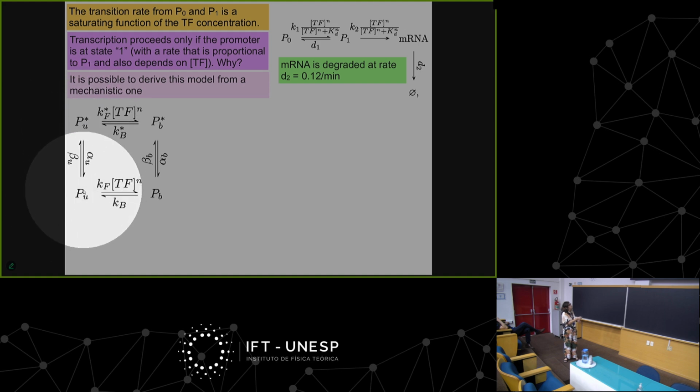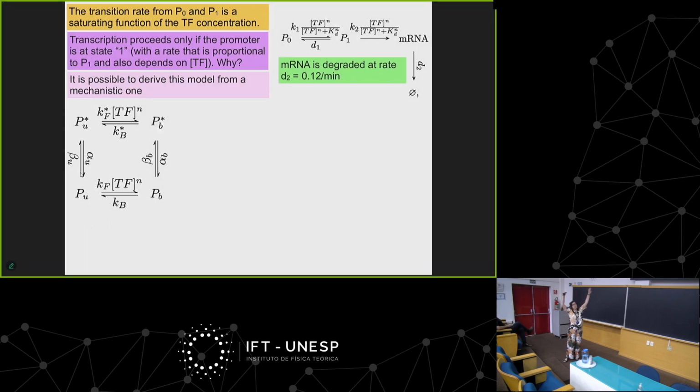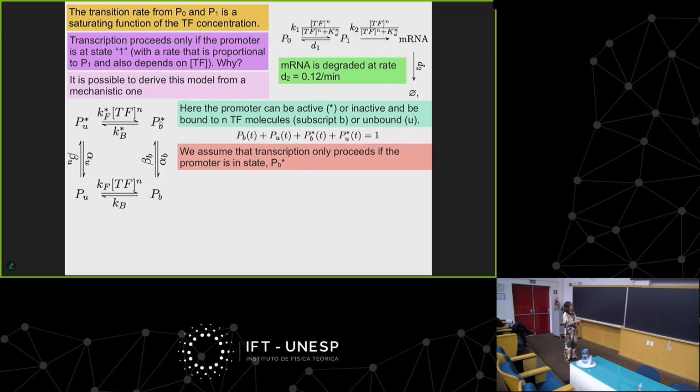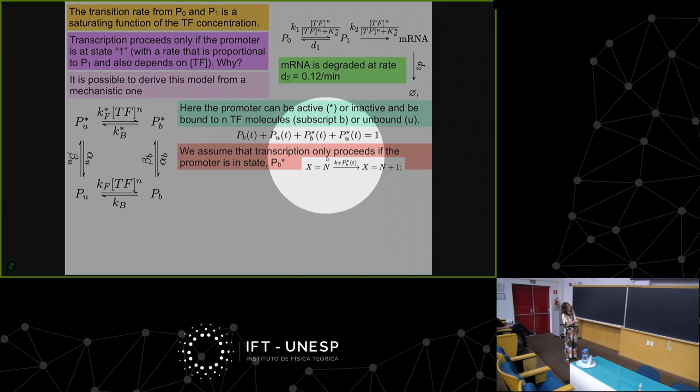The transitions from the non-asterisk to the asterisk would be all the other mediators of that very messy picture that participate in the regulation of transcription. And this over here would be the binding of the specific transcription factor that we are interested in. Then we assume that transcription proceeds only when the system is in this state. So the promoter is in 4 states, and transcription proceeds only in 1, and there you produce the messenger RNA with this rate.